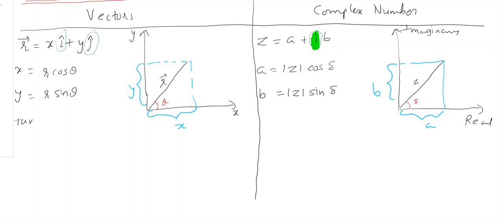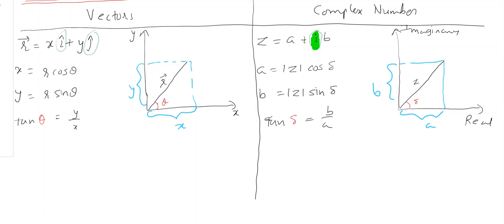Direction of a vector can be expressed as y by x. Phase of a complex number, tan delta, can be written as imaginary part by real part.